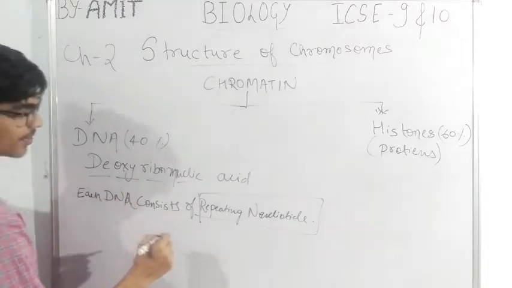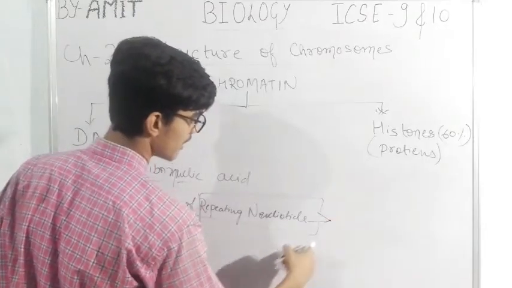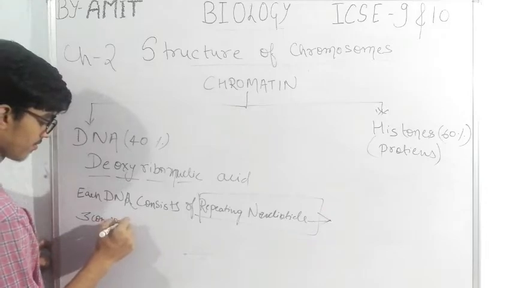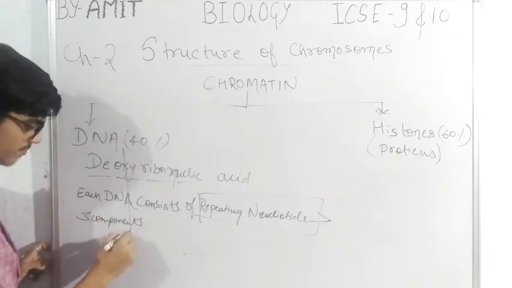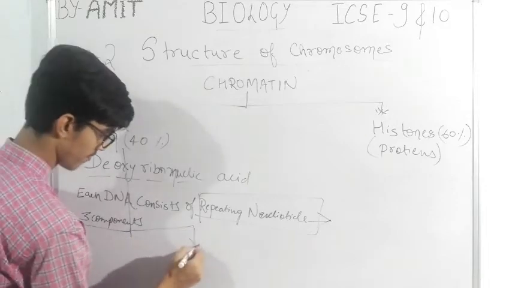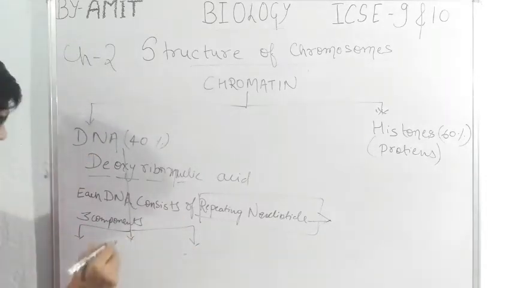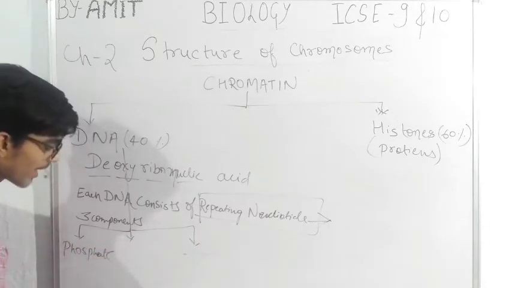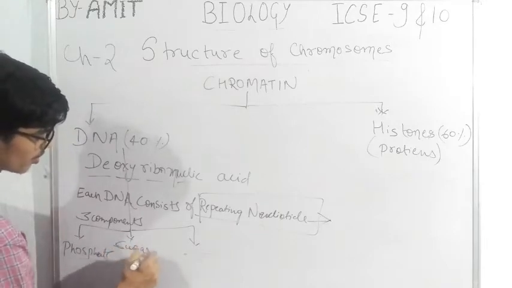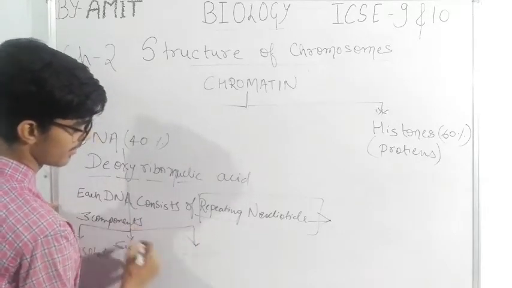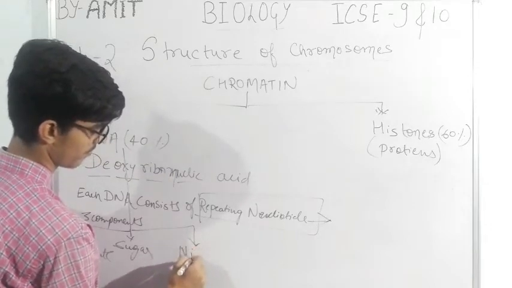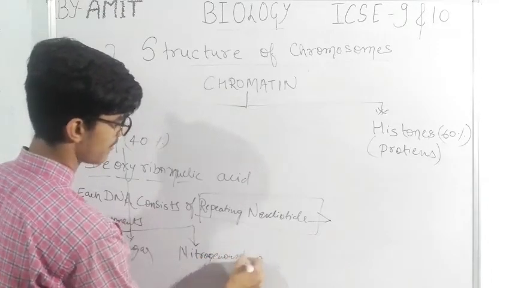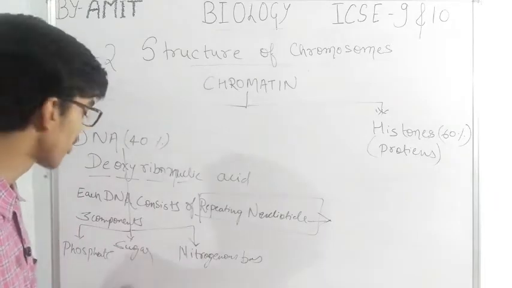This long chain is made of three components. First, phosphate, second, sugar, and third is nitrogenous base. Copy it down, it is a very important part of this chapter.